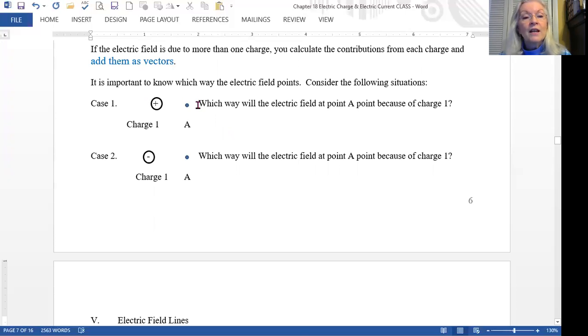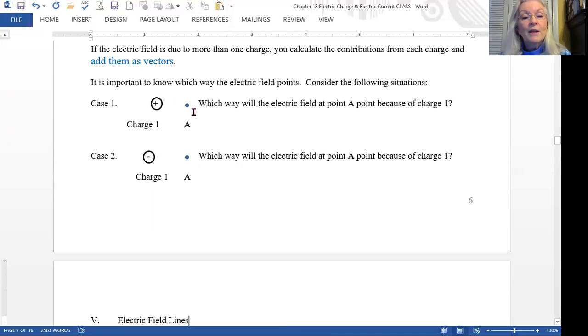And so we look at point A and we say, okay, our test charge is tiny and positive. Which way would it move because charge 1 is there? So if point A has our pretend positive test charge, it would be repelled by charge 1.